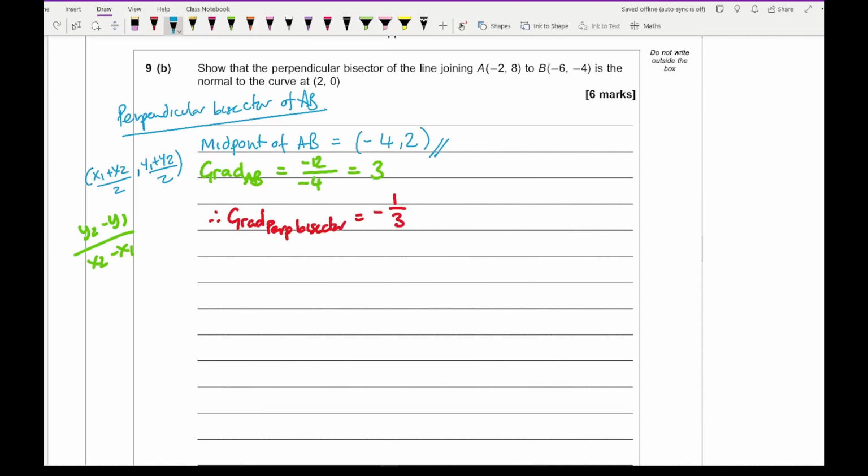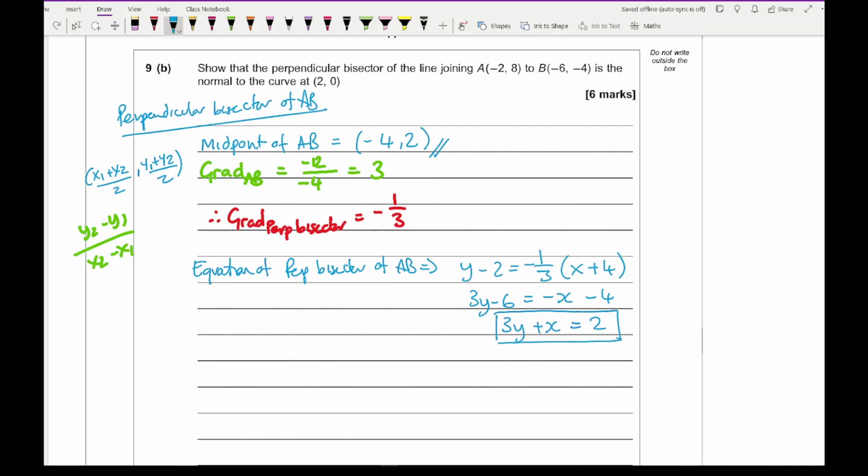So therefore the equation of the perpendicular bisector of AB is going to equal y minus 2 equals -1/3 times x plus 4. Then simplifying all of this, I get 3y minus 6 equals -x minus 4, and then just simplifying that, I get 3y plus x equals 2.